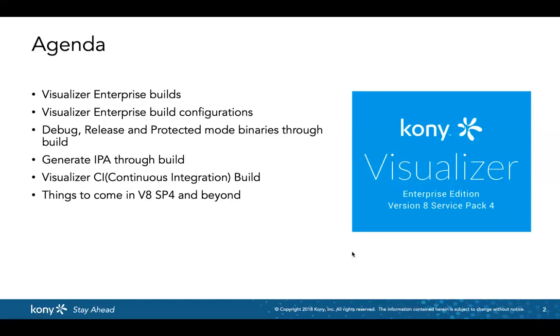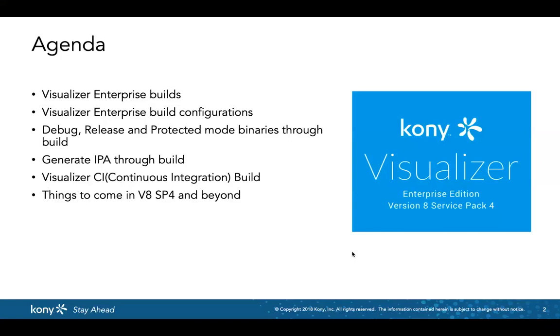Additionally, we'll be covering how to generate an IPA for the iOS channel right from Visualizer end to end. And we'll be talking in detail about the Visualizer continuous integration build, which is the Node.js based headless build system using which you can generate binaries post your development is complete to integrate continuous integration. And at last, we'll be talking about things to come in V8 SP4 and beyond.